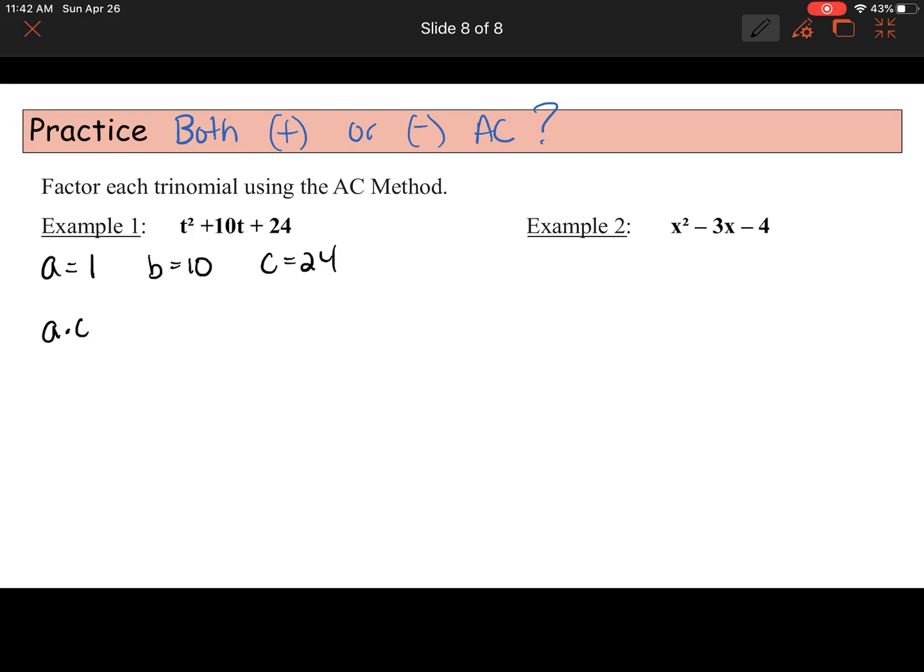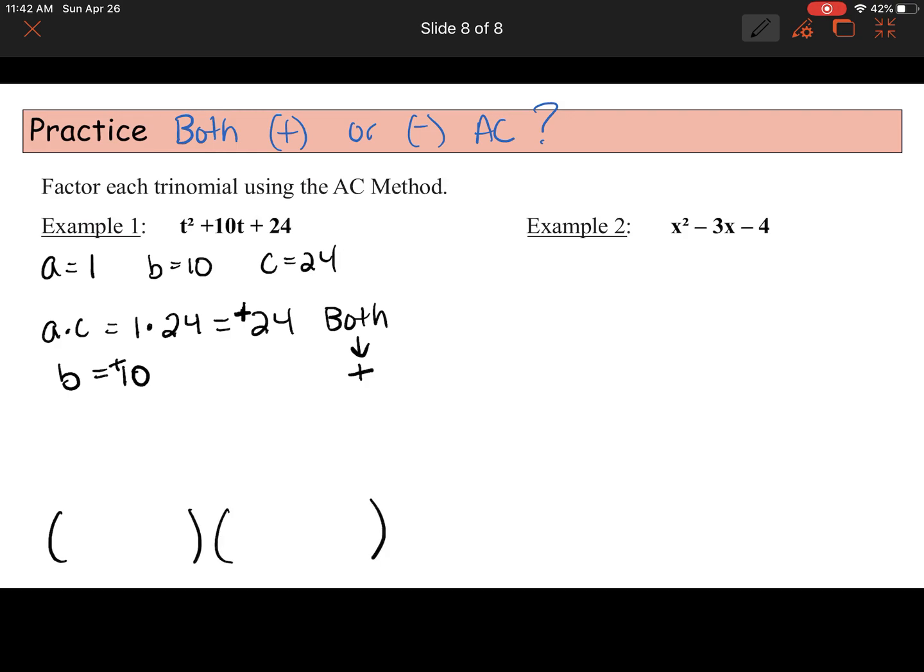Okay, I'm going to multiply my A times my C. My A is 1, my C is 24. 1 times 24 gives me 24. Okay, my B is 10. So, because AC is positive, remember we know both signs have the same sign as the B, which is positive. So both signs are positive.